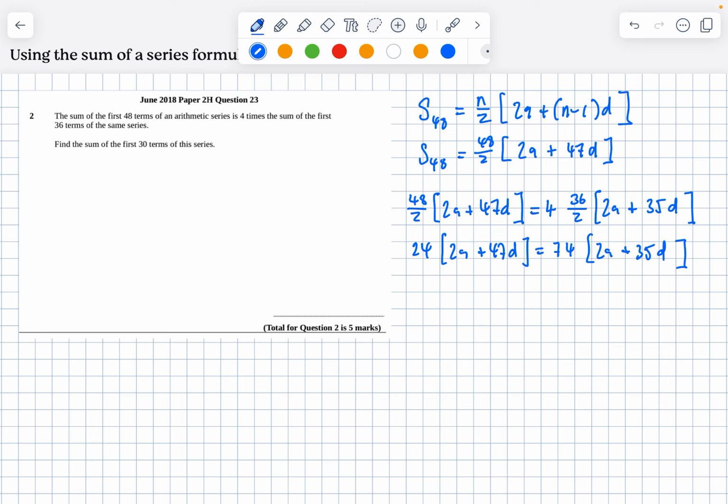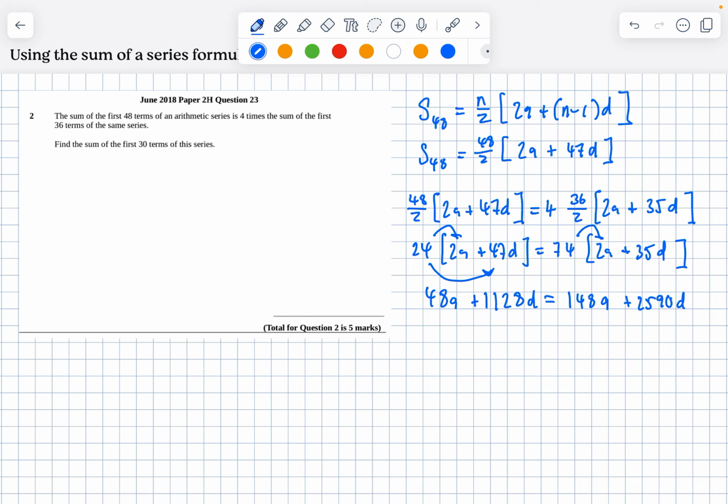So I've got a's and d's. If I do this, I've got 24 times 2a, I've got 48a, 24 times 47, I've got 1128d, 72 times 2, so I've got 144a, and I've got 72 times 35, which is 2520d.